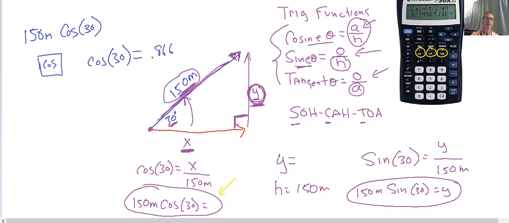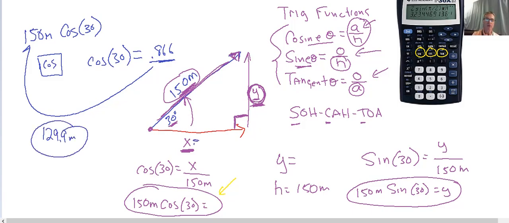I'm then going to take that value of 0.866 and multiply that by 150 meters. That is 129.9 meters. So my x component here would be 129.9 meters. There's my x component.